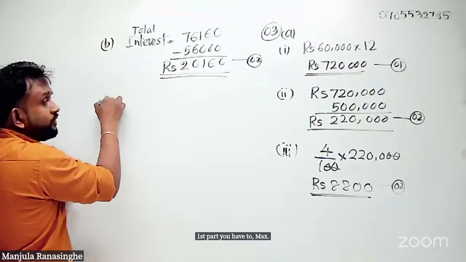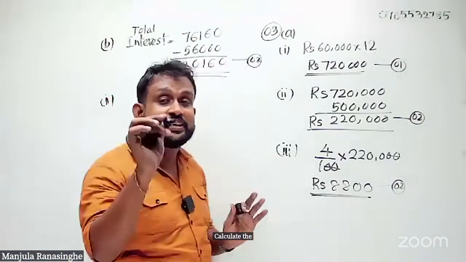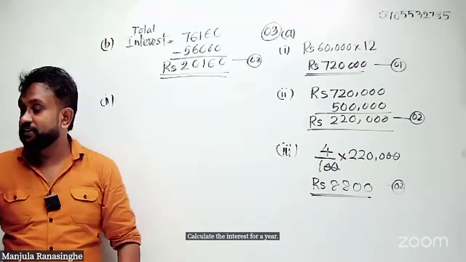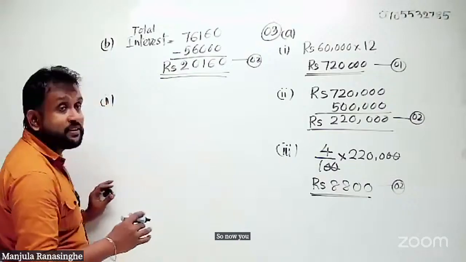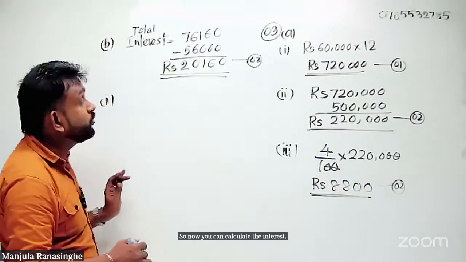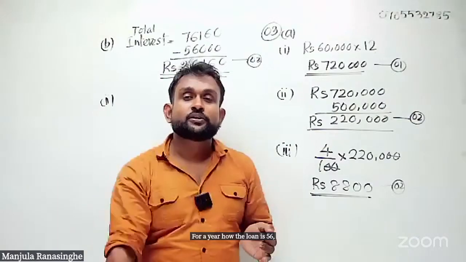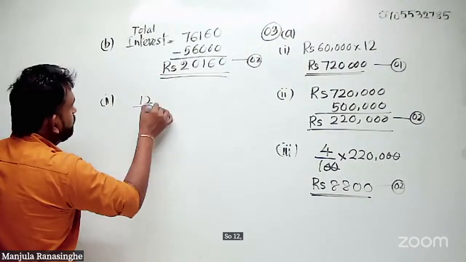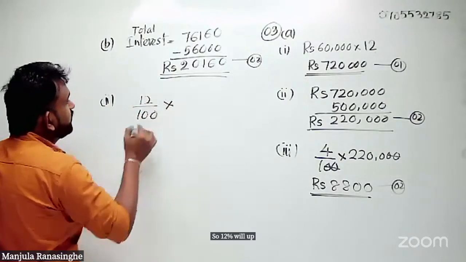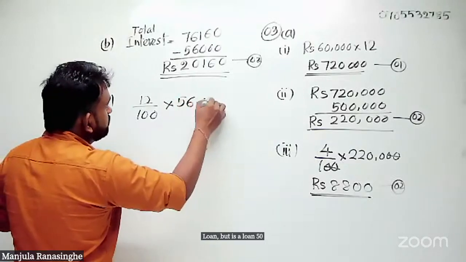In part 2, calculate the interest for a year. The loan is 56,000, and 12% of that is the interest. So 12 upon 100 into the loan, 56,000.